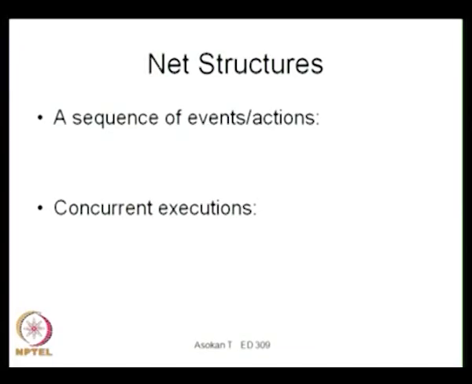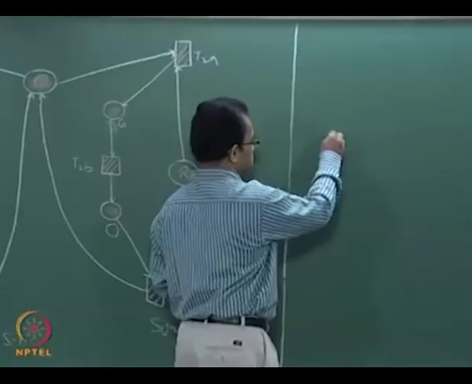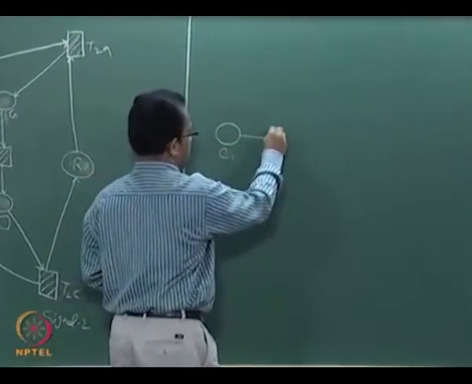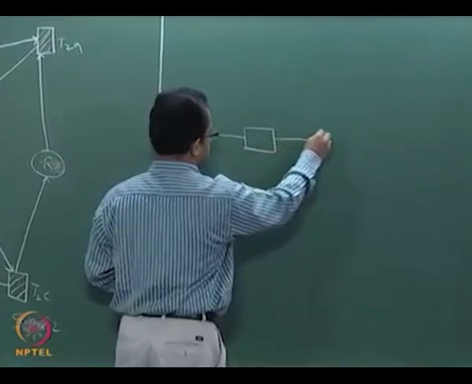Here you can see, as I mentioned, the Petri net can be used for various scenarios. We can represent a sequence of events. As you can see here, you can have events E1, E2, E3 represented, and the places and transitions. As we have the places and transitions, we can represent it in a serial way. So you can have an event 1 or the places, then you have a transition, then you have an event.